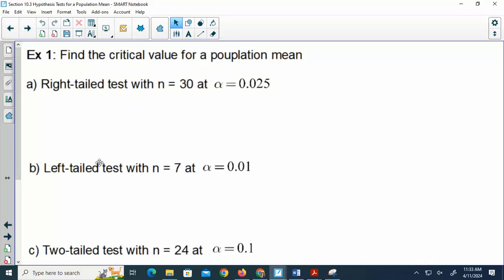So first I just want to practice using that table and finding these critical values a little more. When we're dealing with the mean, we are looking for the t distribution. So look at your t distribution table.